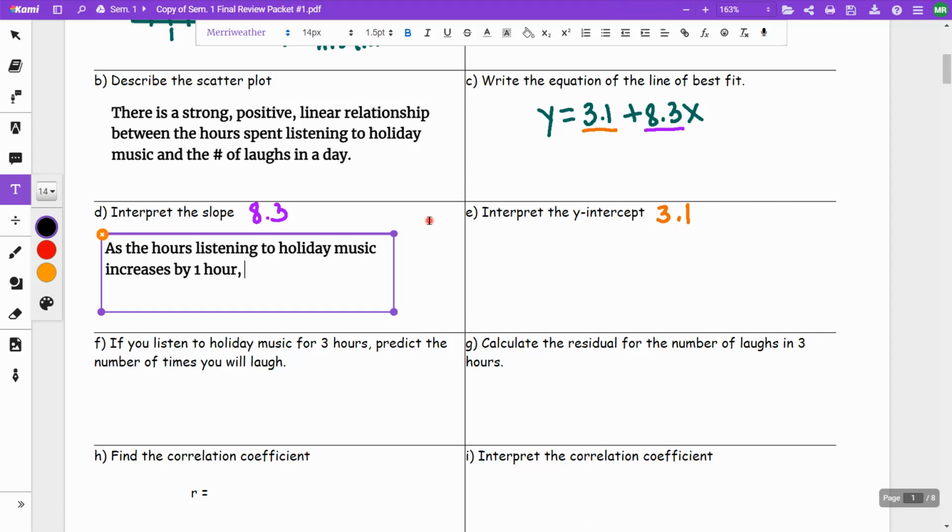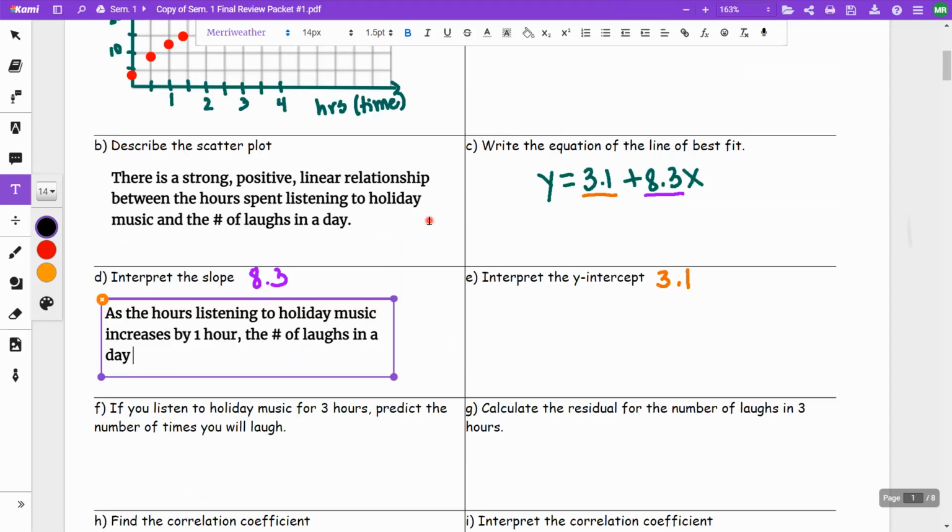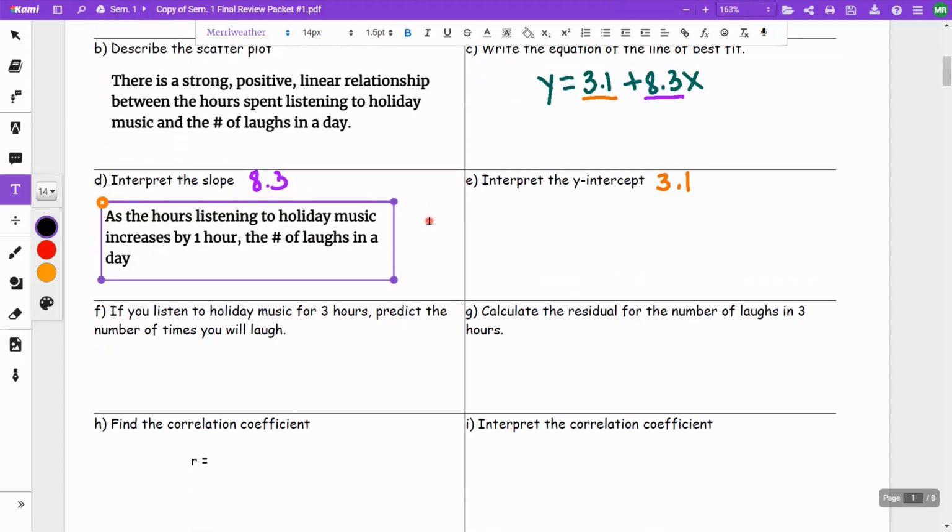Okay, so by 1, whatever the unit is. And this is now going to be my y, the number of laughs in a day. Since this was an increasing line, the number of laughs in a day increases by my slope, which is 8.3. So 8.3 laughs.